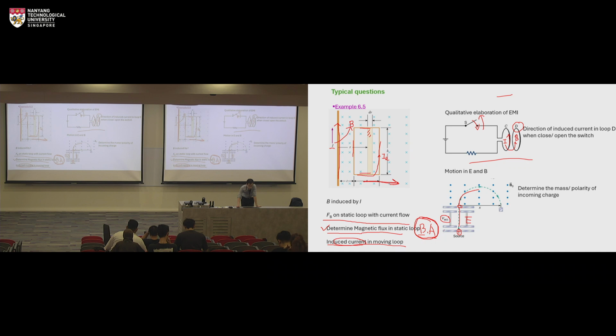So for this kind of question, the way you do it is you will need to write down the defining equation for process 1 and also the defining equation for process 2.